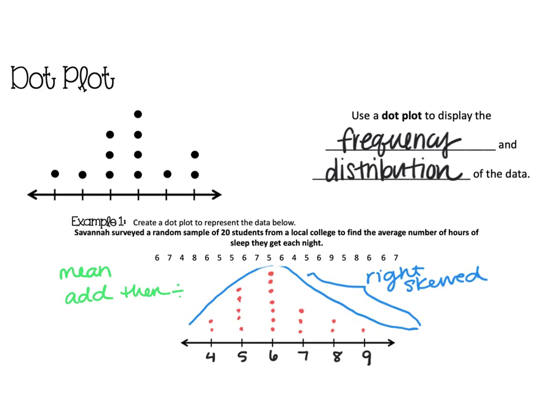So when I add all of these data points together, I get 121, and then I'm going to divide by the number of data points. And I was told in the problem that there are 20 data points. So I'm going to divide by 20. So the mean is 6.05 hours of sleep.